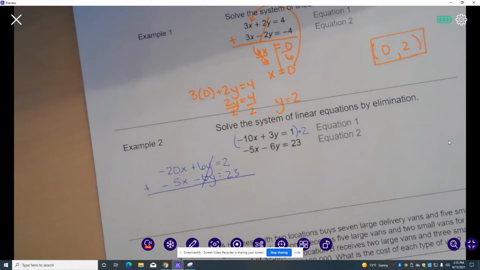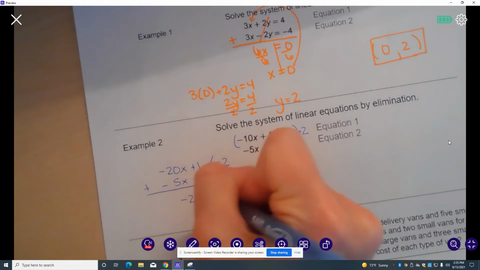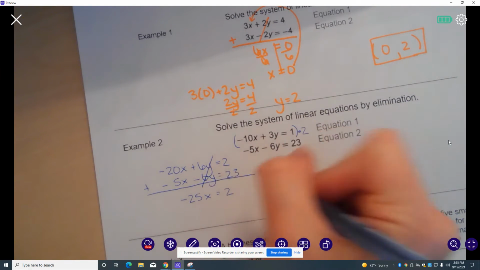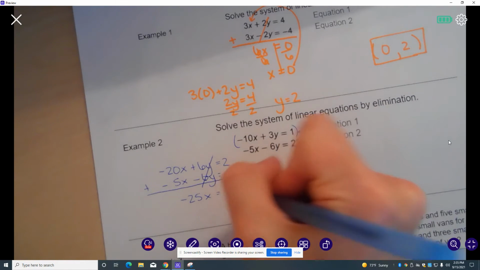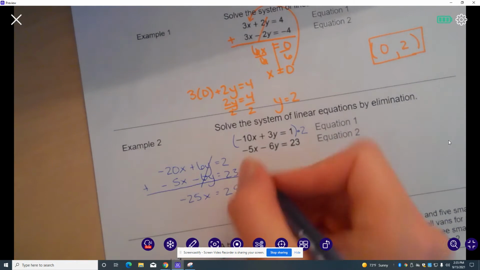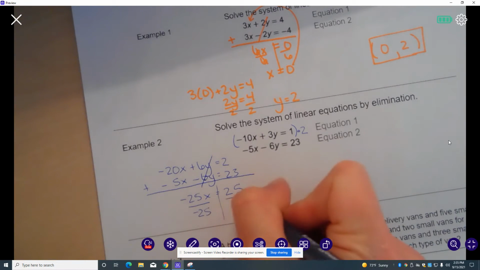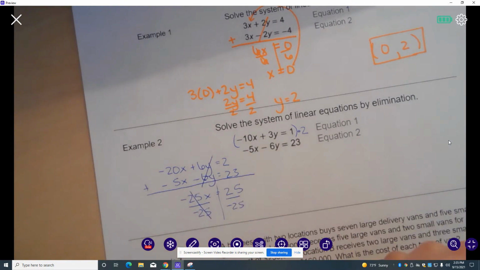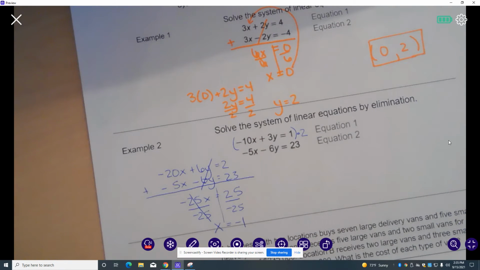When I do that, my y's cancel, and I'm left with negative 25x equals 25. I'm going to go ahead and solve for x by dividing by negative 25. That leaves me with x equal to negative 1.